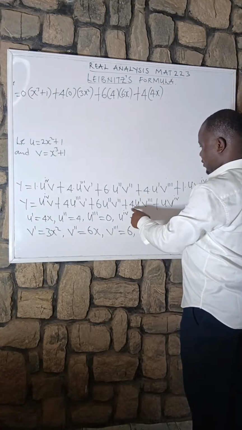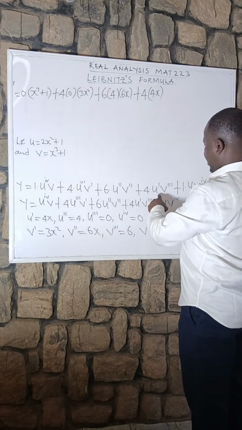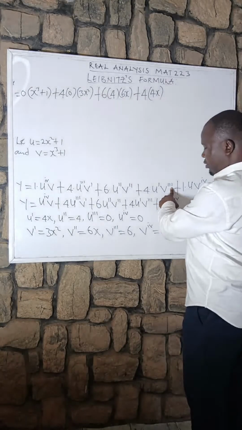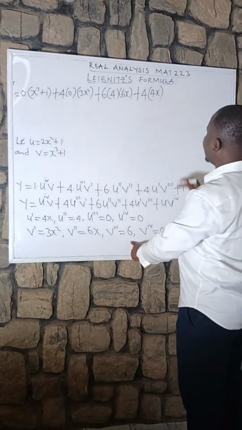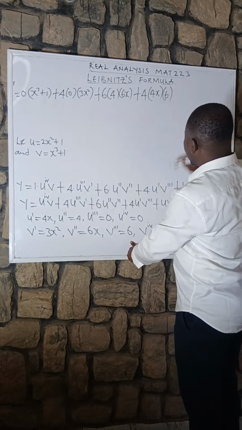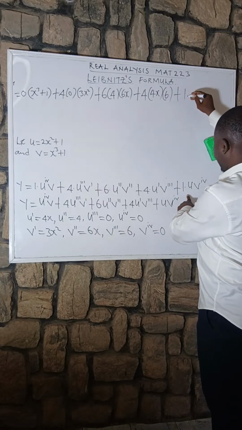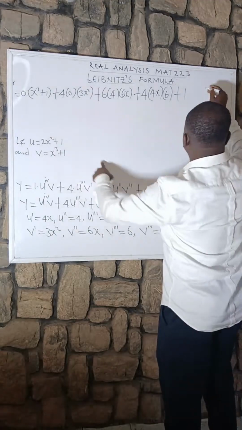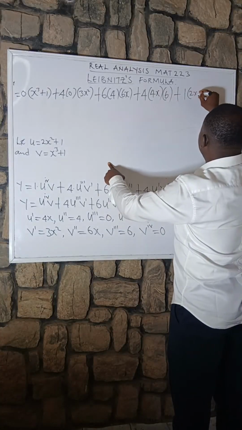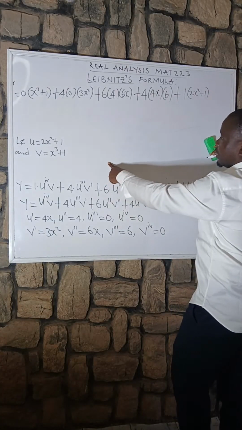Then V prime prime prime. V prime prime prime is 6. Then plus 1 times U. Ordinary U is 2x squared plus 1.